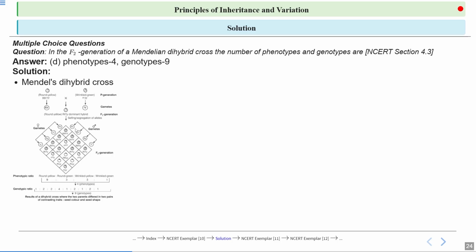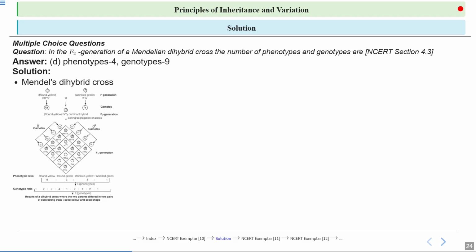You can write the gametes of the male on one side, gametes of the female on the other side. 4 types of gametes will be formed here. You can calculate the number of gametes using the formula 2 raised to power n, where n is the number of heterozygous pairs. So in the F1, you have 2 heterozygous pairs. The total number of gametes produced will be 4.